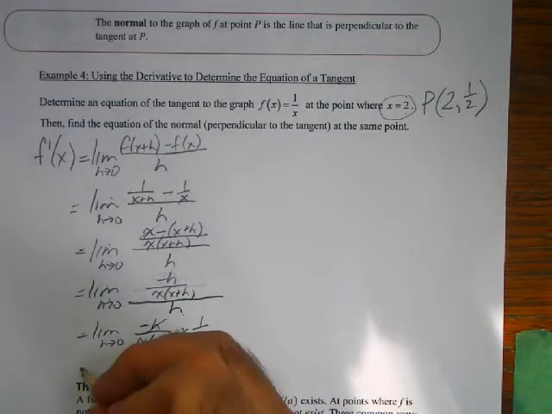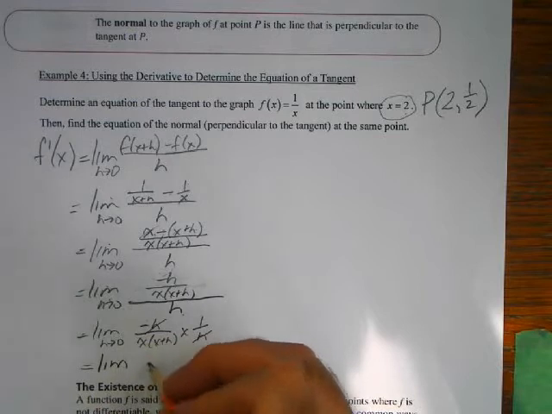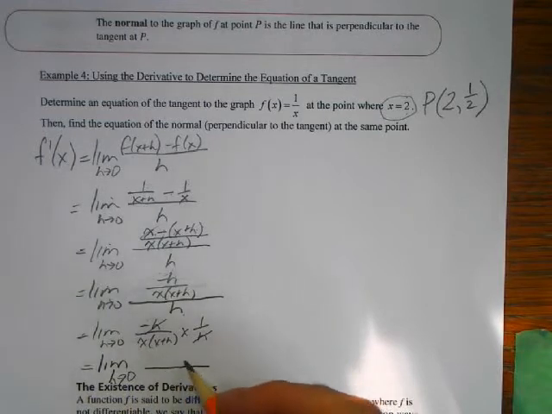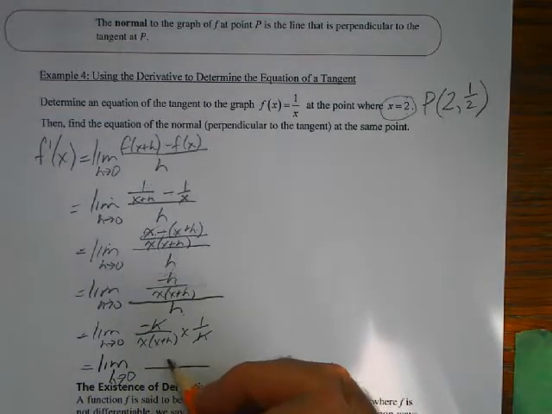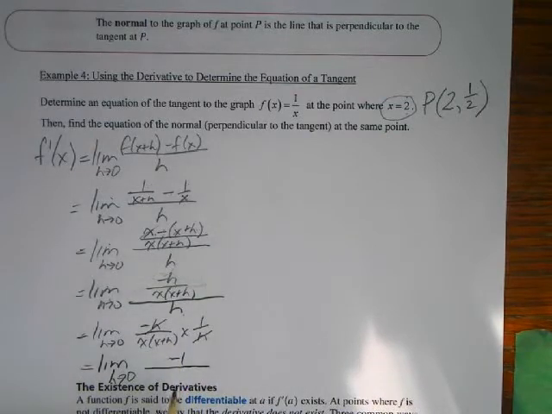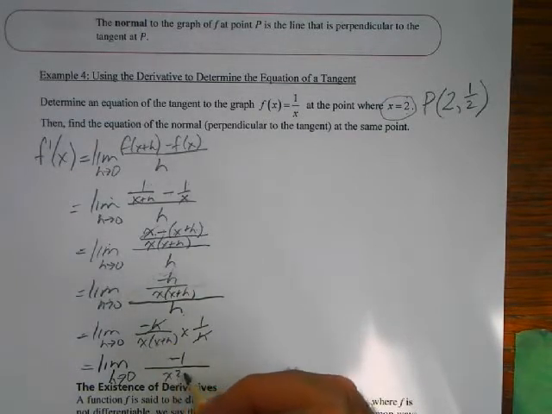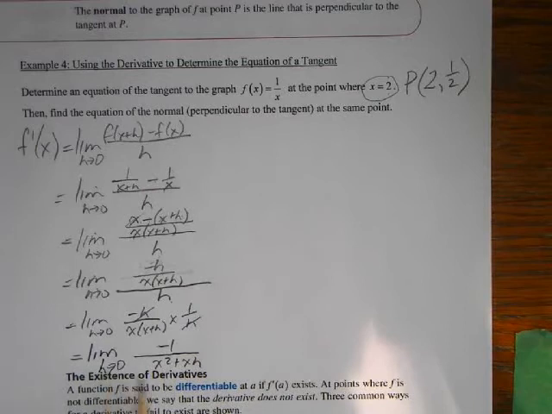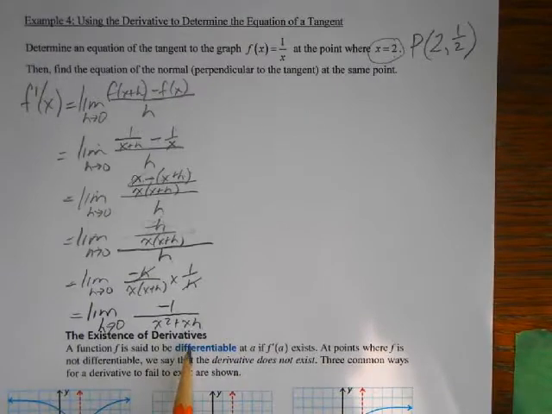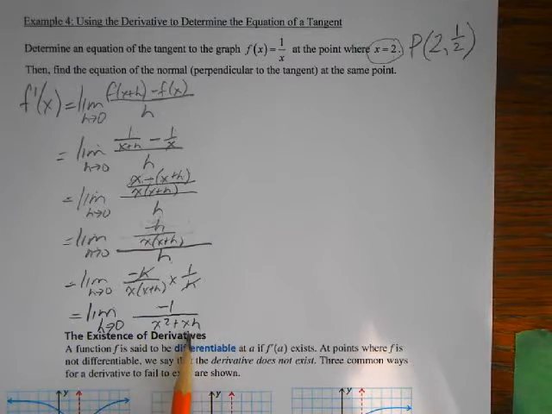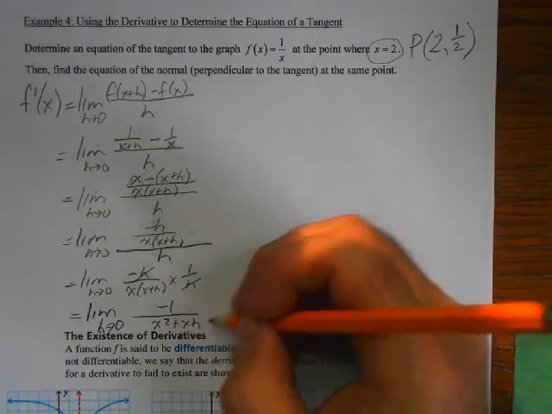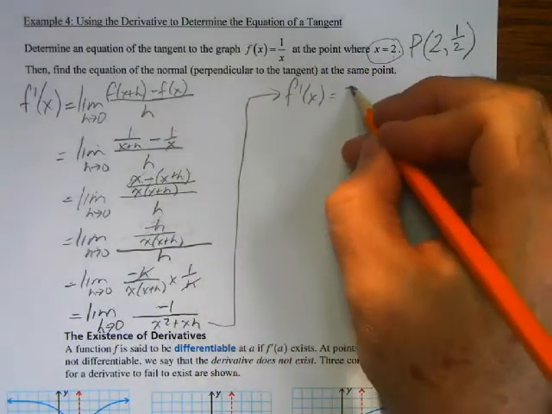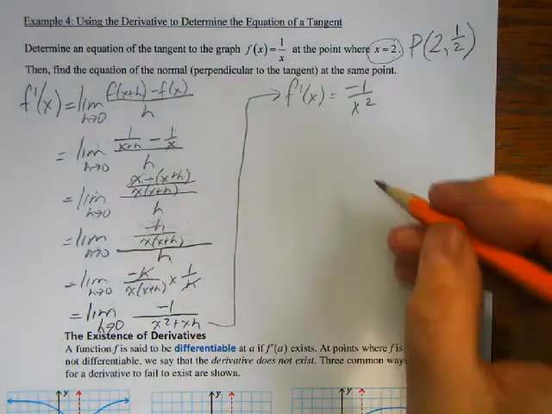So this is going to be the limit as h approaches 0 of, at this point I've got a negative 1 over x squared plus xh. Okay, and you can see at this point I can actually sub in a 0 for h, and the xh turns to 0, and we're just left with 1 over x squared. So f prime of x is equal to negative 1 over x squared. Okay, so we want the slope of the tangent.